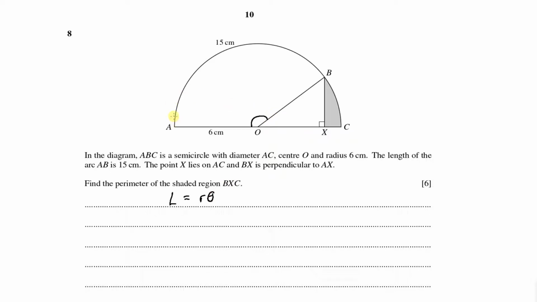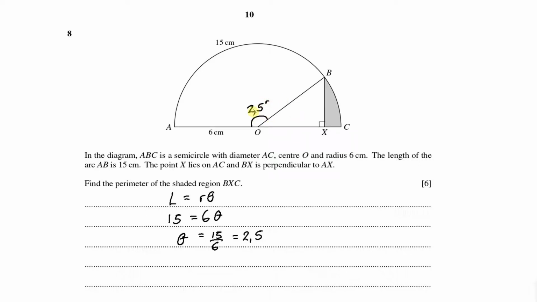And the length of the arc AB is 15. That's equal to r, which is 6, times theta. Which means that if we divide both sides by 6, we get theta being equal to 15 over 6, which is the same as 2.5. So we now know here that this angle here is 2.5, and that's in radians.